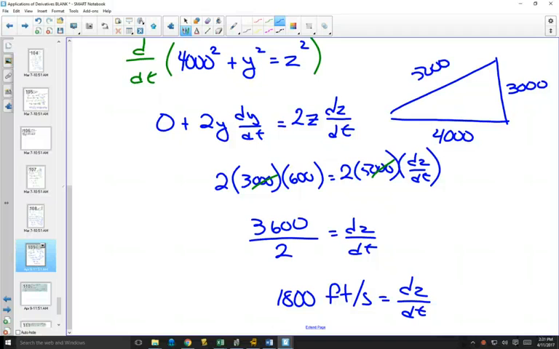Oh, I made a little mental math error. Can you see on this side I just divided by 2, but I would still have the 5 there? 2 times 5 would be 10, and it should be 360. There we go.